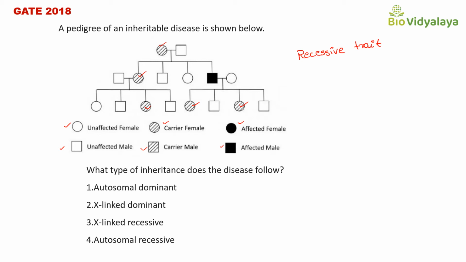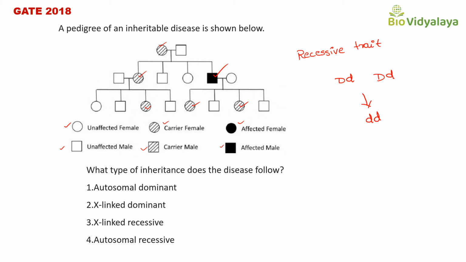In the case of an autosomal recessive trait, both parents should be heterozygous. Heterozygous means carrier, and then only their offspring can become affected. Here one of this parent's offspring is affected. This son is affected, isn't it? But here only one parent is a carrier.